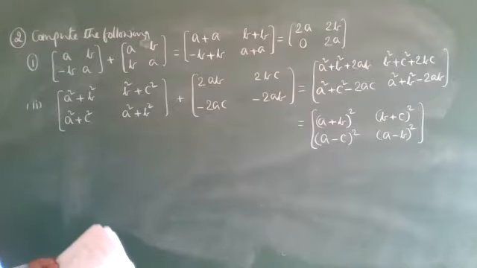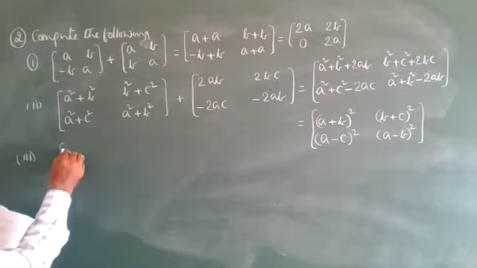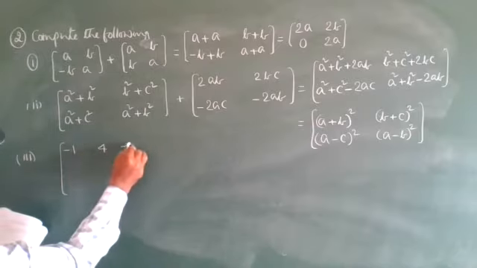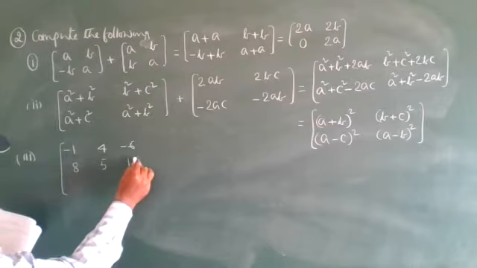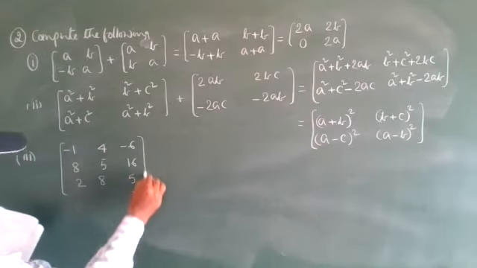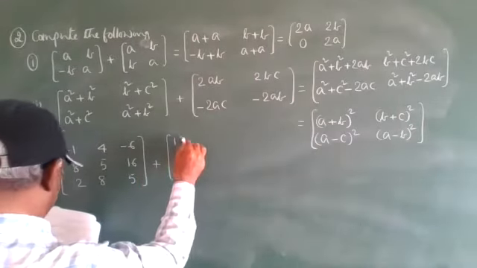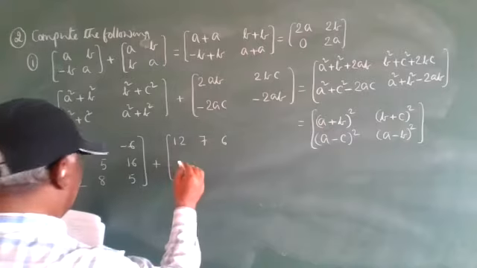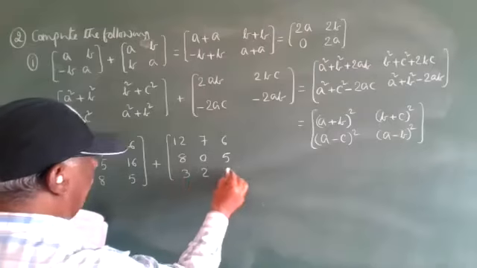Right, now the third bit. Everyone go through the third bit. Minus 1, 4, minus 6, 8, 5, and 16, and 2, 8, 5, plus 12, 7, 6, 8, 0, 5, 3, 2, 4.